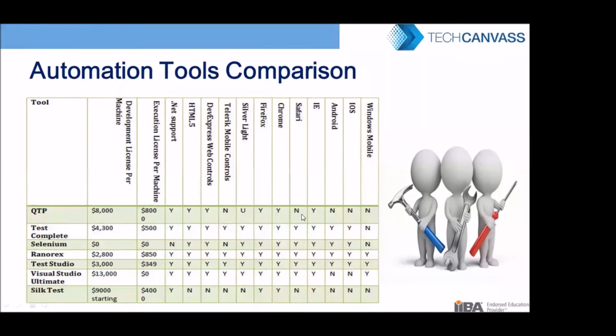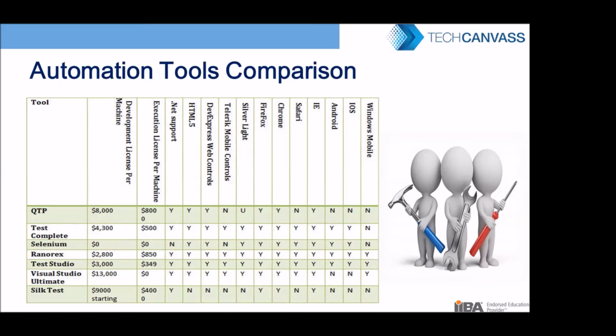And the Safari browser also, it does not support Android, iOS and Windows Mobile. TestComplete supports almost everything except Windows Mobile. The third is Selenium, which we are doing now, and it is free of cost, and it supports web applications and mobile applications. It does not support Windows applications, and it also has limitations when we have Telerik controls.